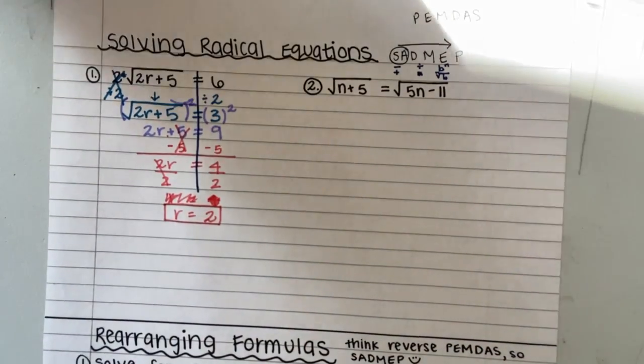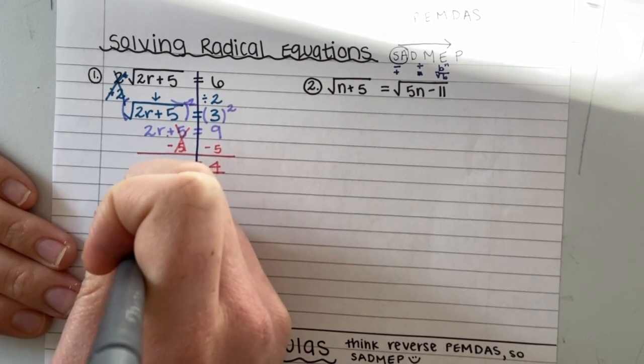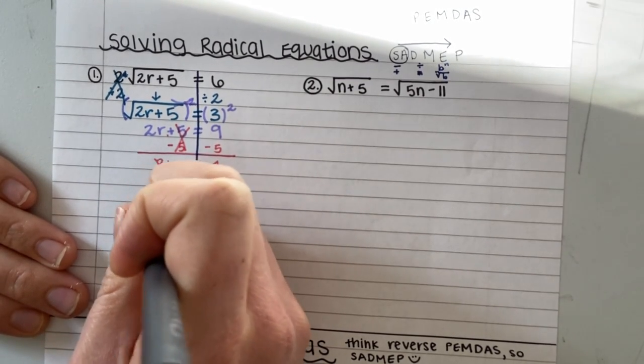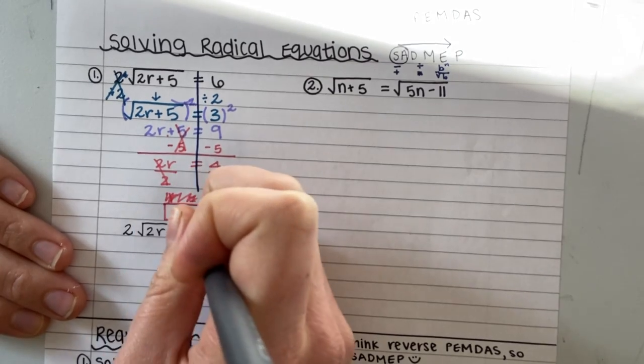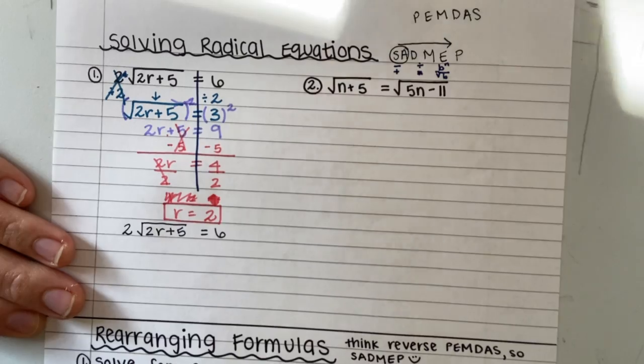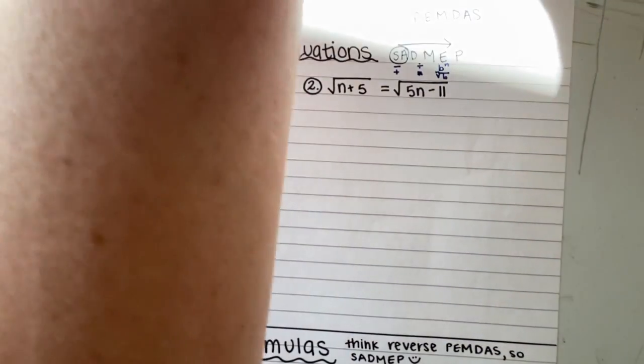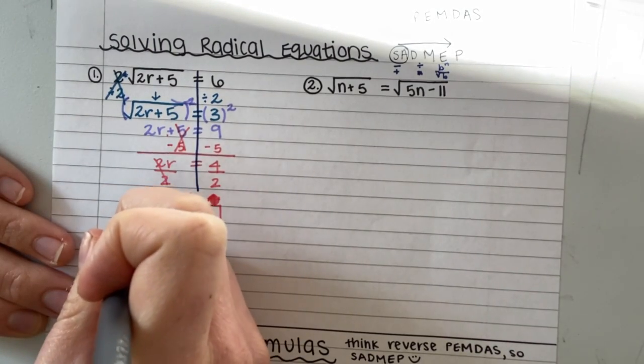And because this is kind of a trickier type of problem, what I'm going to do is go back to our original equation, and I'm going to plug in for r the number 2. So where this r is, we're replacing it with our solution to make sure that it was correct. So we have 2.